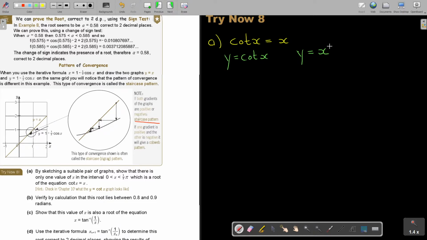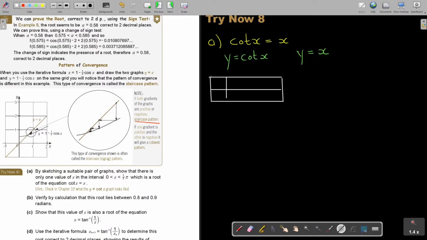I'm going to draw those graphs, and I'm going to create a table. Now in this case, due to the fact that they don't say 0, let's just make it a bit longer, I don't like it so short.